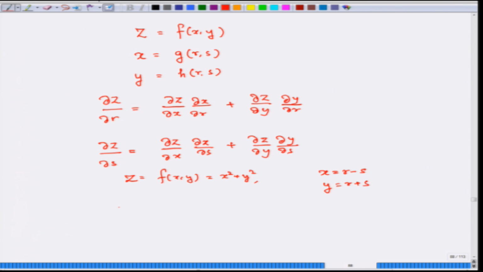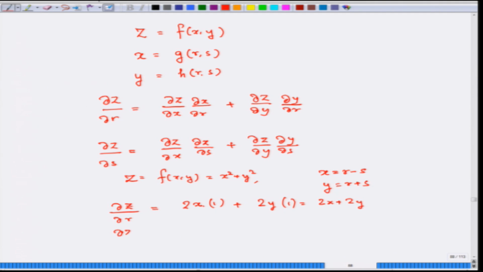Then what is ∂z/∂r? It is ∂z/∂x, which is 2x, into ∂x/∂r, which is 1, plus ∂z/∂y, which is 2y, into ∂y/∂r, which is 1. So, it is 2x plus 2y.